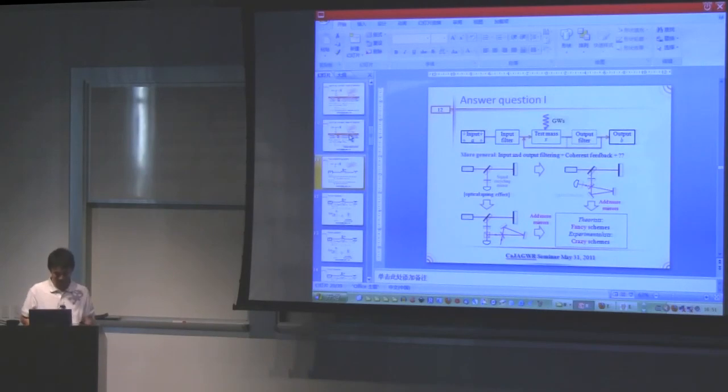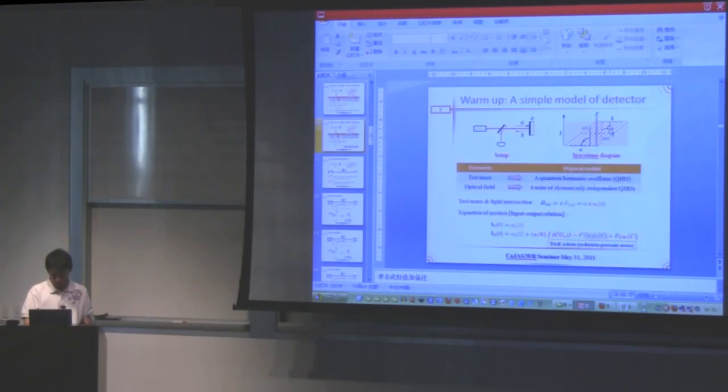This one. Because the output field should go this way, right? I just folded.